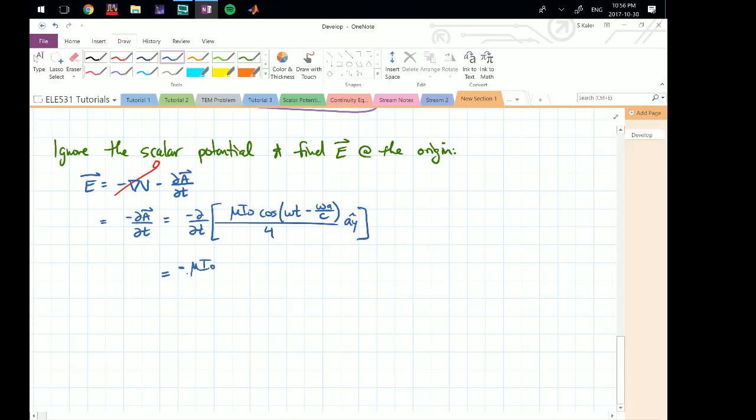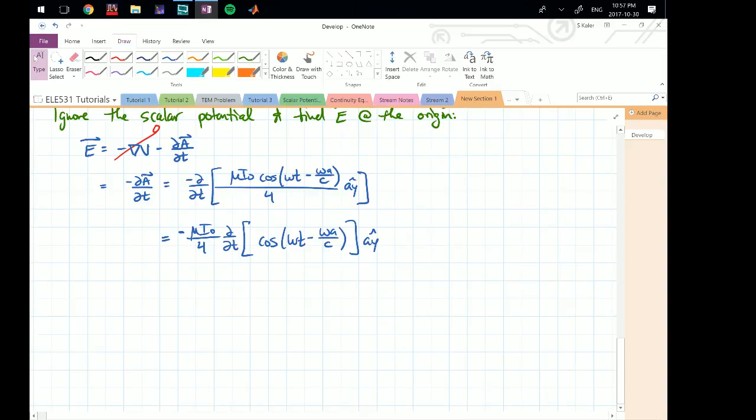So that's mu I naught over 4, and this is partial over partial t. And here I'll have cos(omega t minus omega a over c) in the a_y direction. The derivative of the inside of this cos function is simply going to be omega, because this term is constant, and the derivative of this will be simply omega.